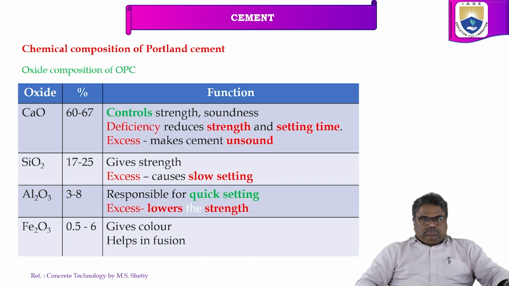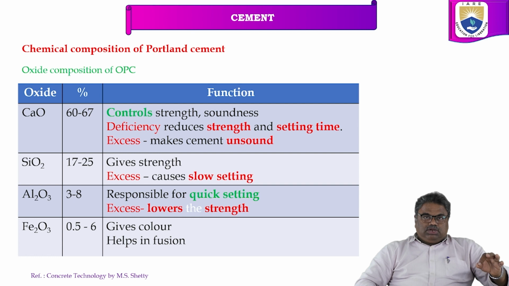We have discussed this already in previous classes, but we are reminding it once again. The oxide composition of ordinary Portland cement: CaO is around 60 to 67% in cement. It controls the strength and soundness. What is the deficiency of CaO?